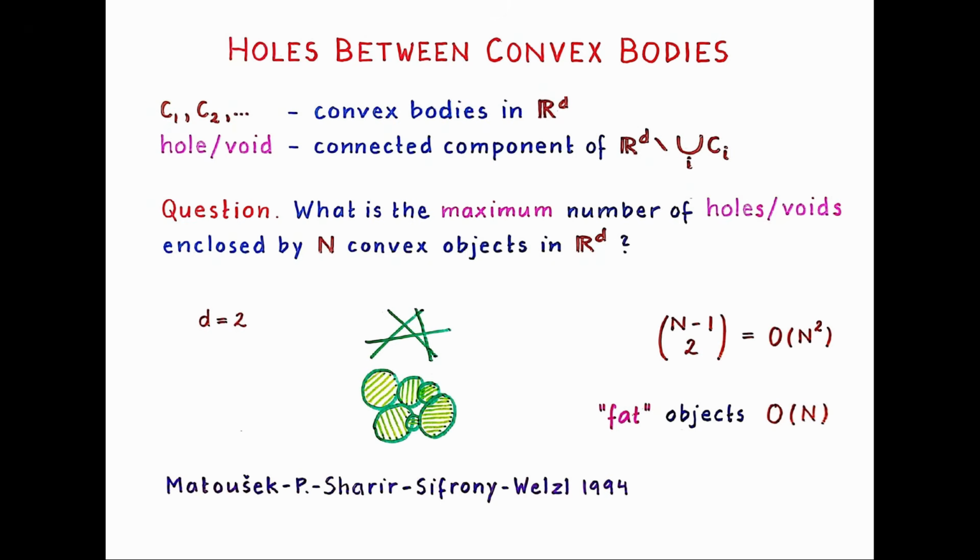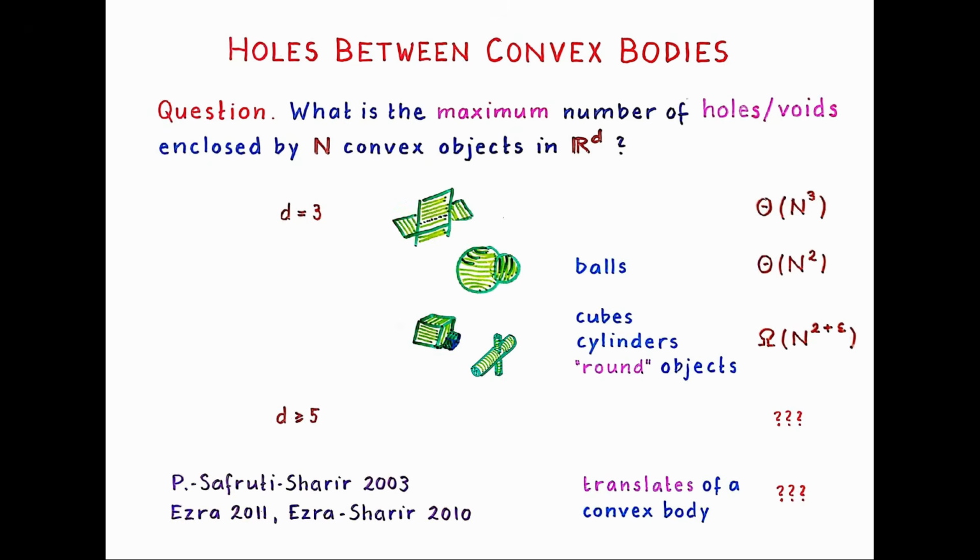And the pattern continues. In 3 dimensions also, the best you can do is cubic, and you can have these flat sort of, if you wish, infinite planes, or a finite part of it is enough. And then the number of holes that they surround will be cubic.